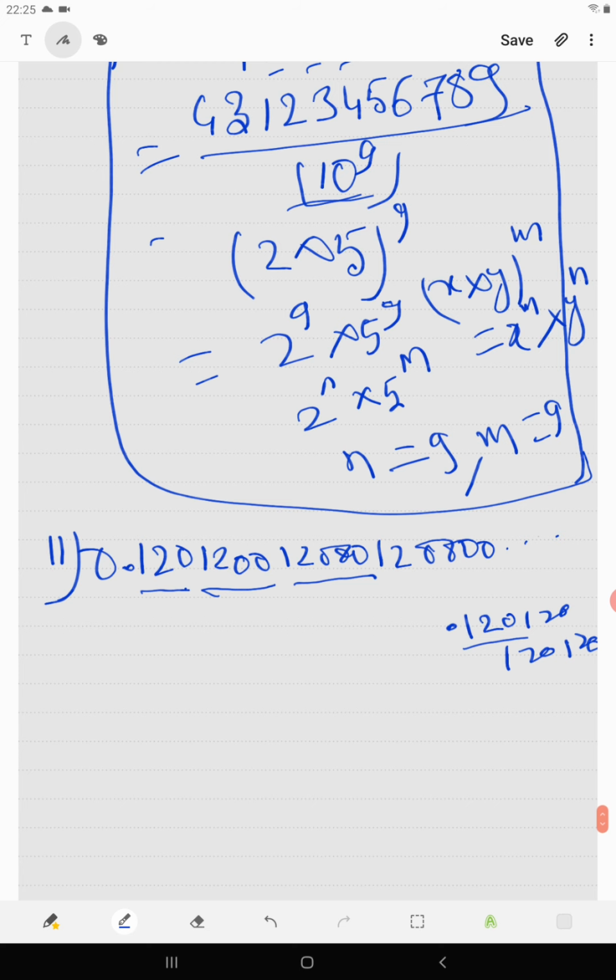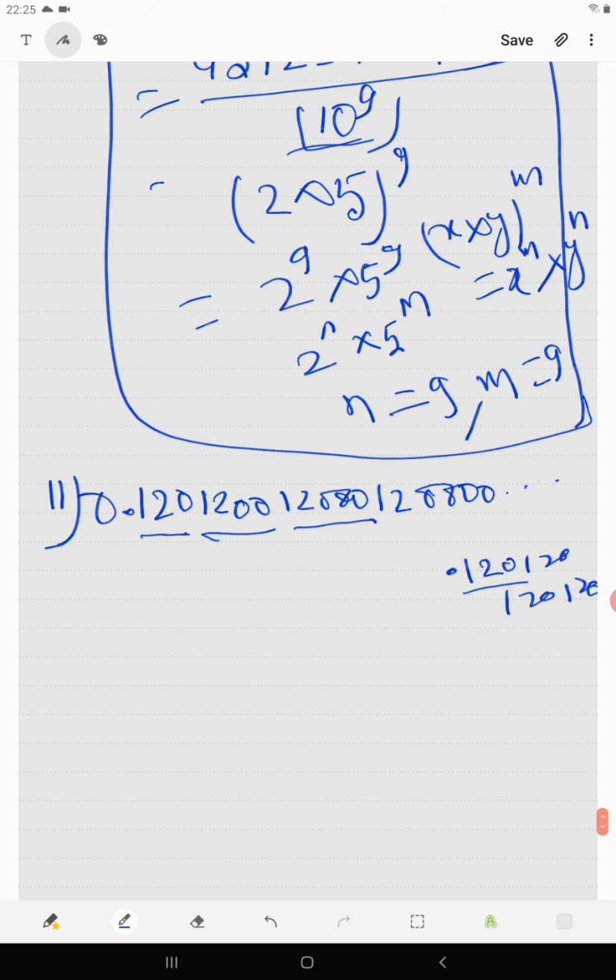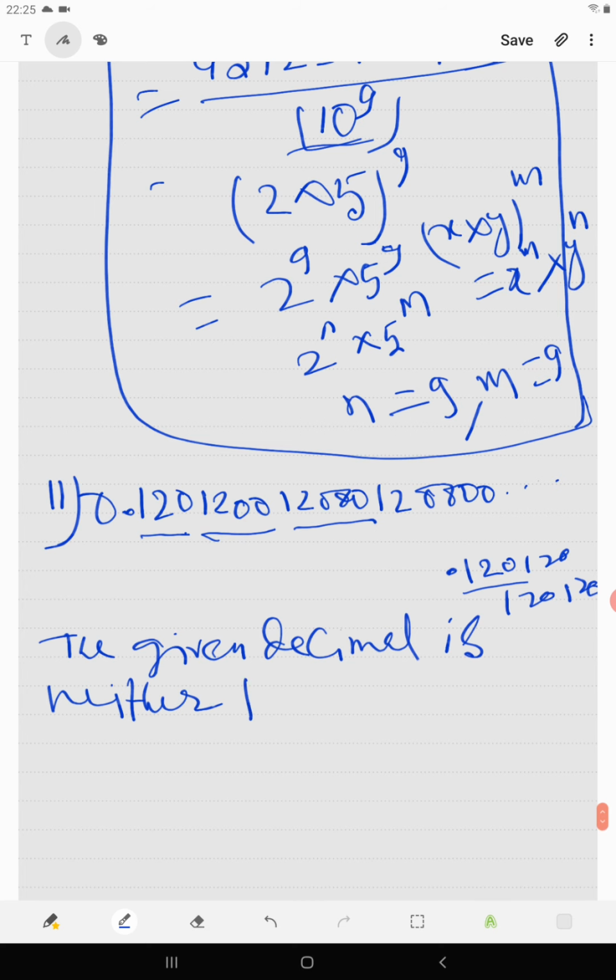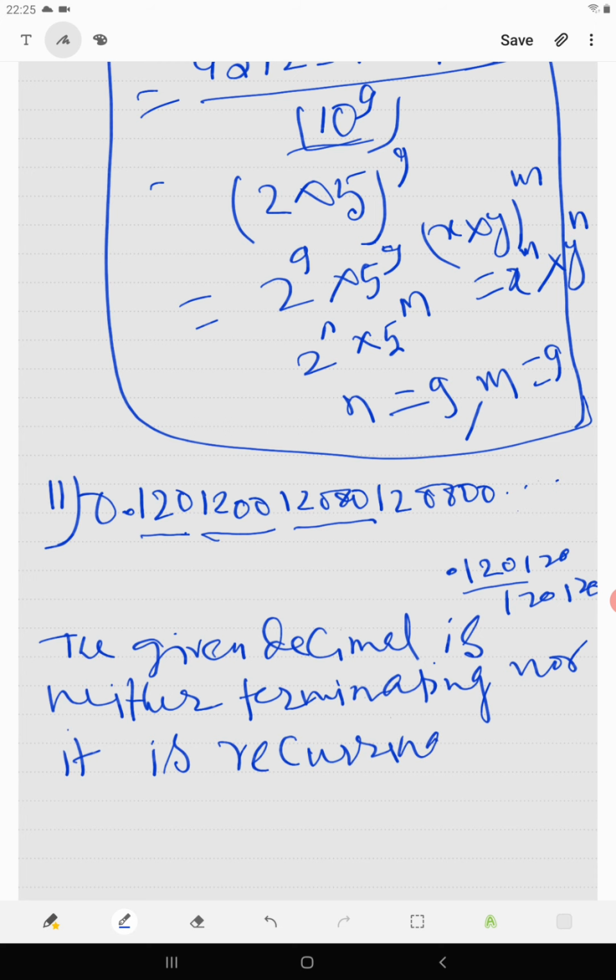Neither terminating nor recurring. So the given decimal is neither terminating, as there is dot dot dot, that means it's not terminating, nor is it recurring. Recurring means the same digits occur again, like I have shown you over here, 0.12012.